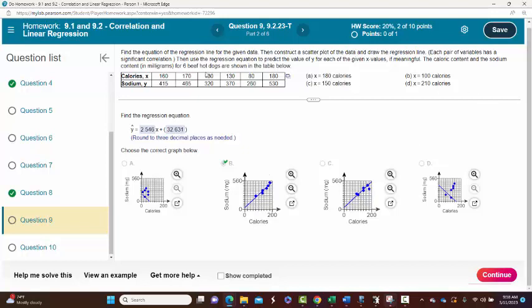Now, before I scroll down, you see that values are anywhere between 80 and 180. So is there anything in here we're not going to be able to predict? 180 is okay, it's right on the edge. The last one, 210, will be the one that's not within the range of values.